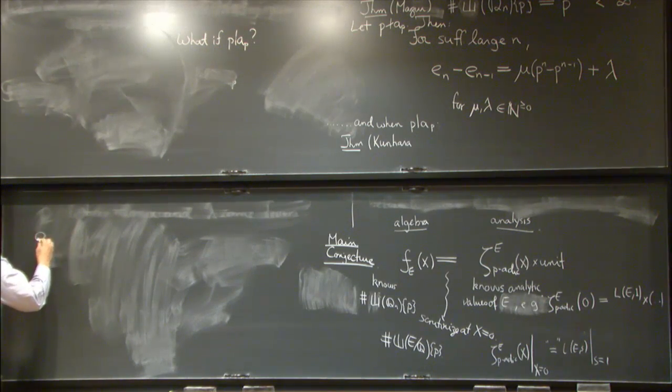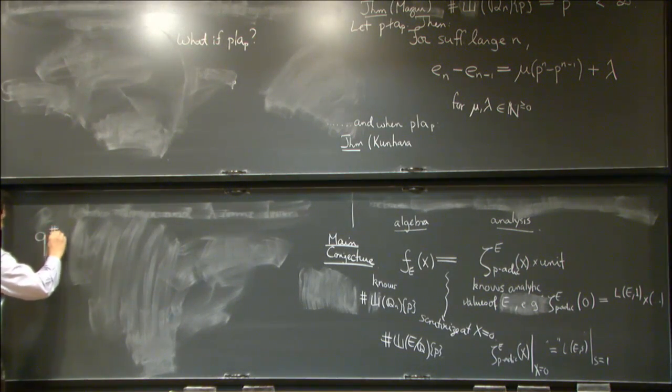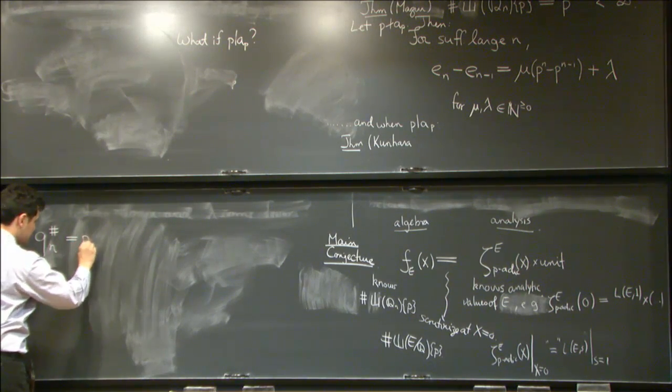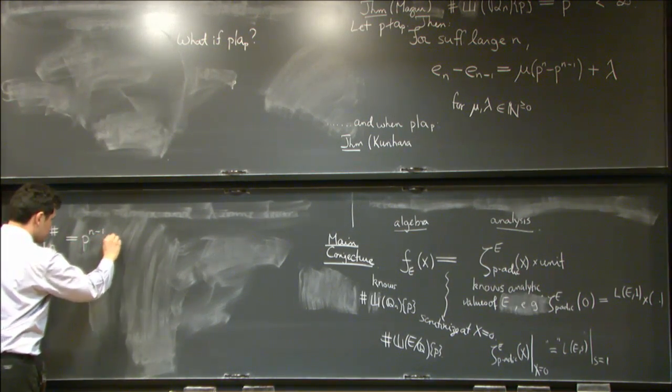It's the Kurihara term. You call it Q sub n. And then actually, let me call it Q sub n sharp. It's an alternating sum of p powers.